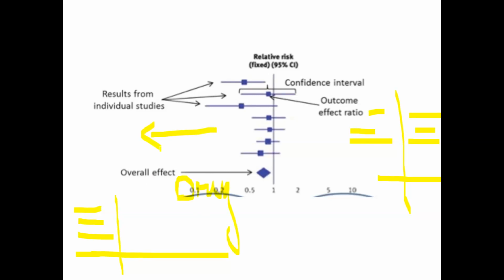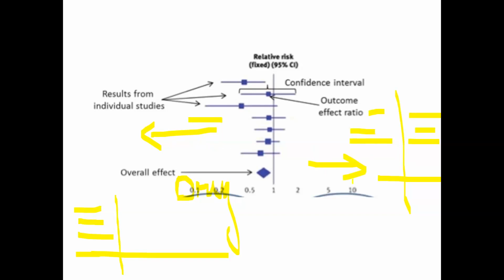However, if it's toward the right of the vertical line, then it favors the placebo or the control. For example, for an antiviral drug, if your data is toward the left, then the data is good. If it's toward the right, then it favors the placebo, the control group or the comparison group.